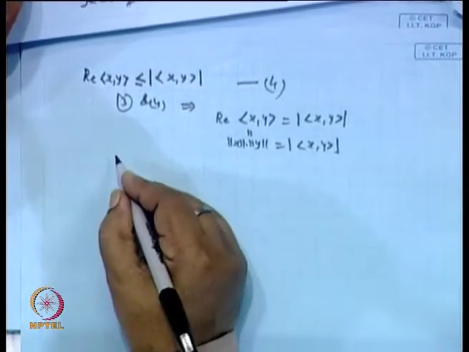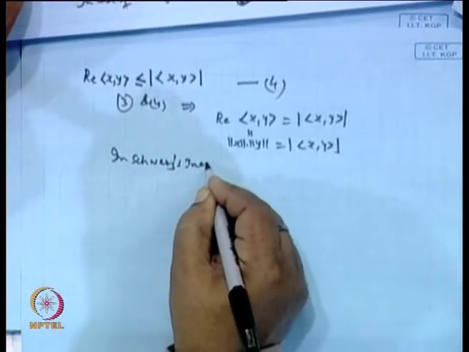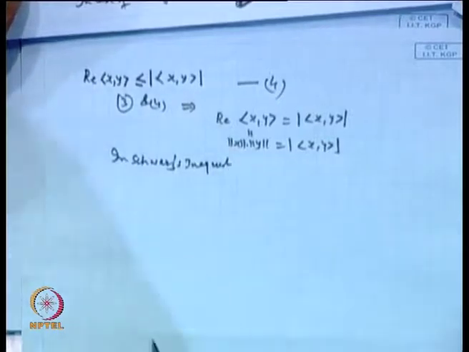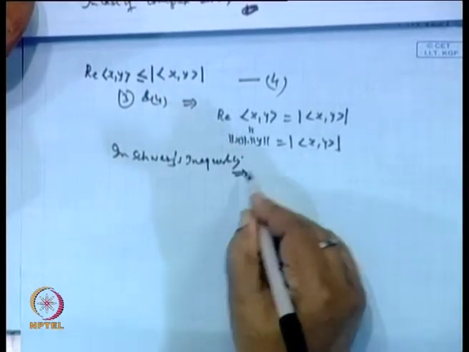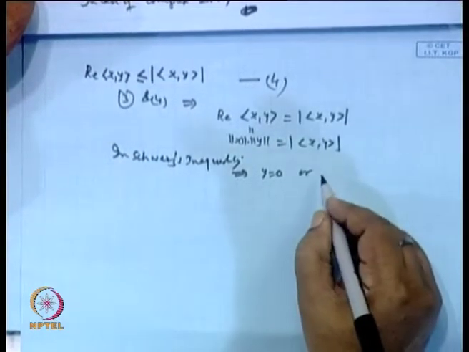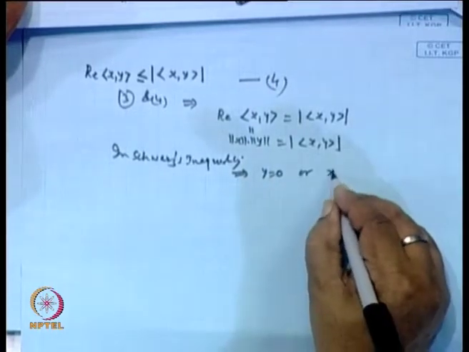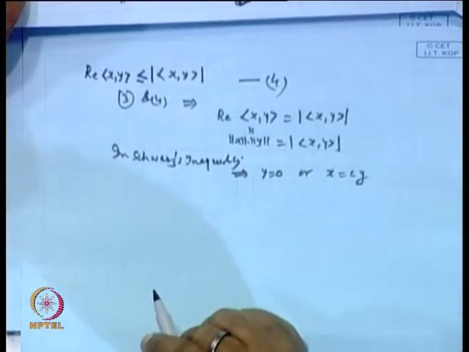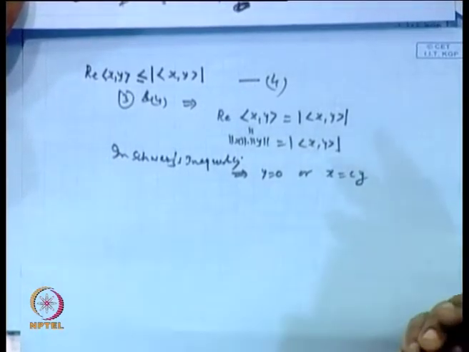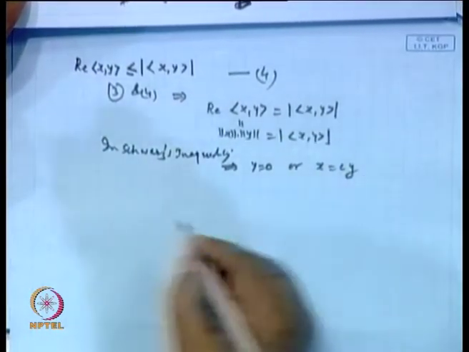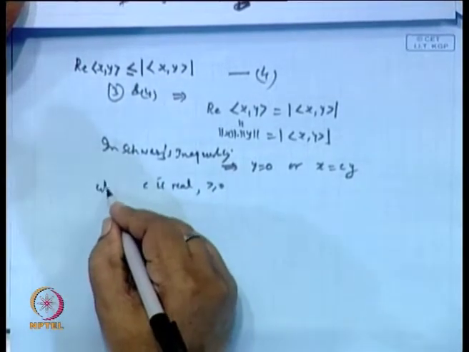So, in the Schwarz inequality, when the equality sign is there, then either y will be 0 or x equal to c y, is it not? Where c will be real and greater than 0.